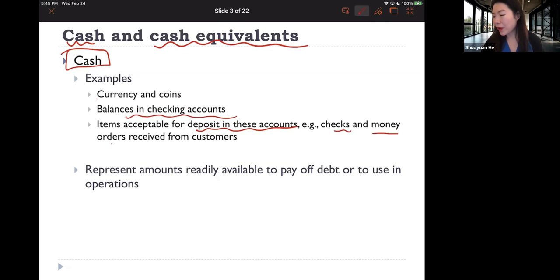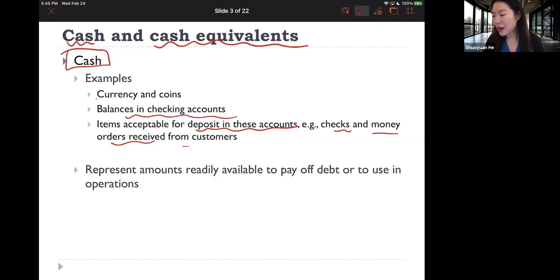Checks, money orders received from customers, that is also counted as cash, even though the firm may not have already deposited yet, but the firm has already accepted it for deposit. So even though it hasn't been cashed yet into the firm's checking account, those money orders are also counted as cash for the firm.